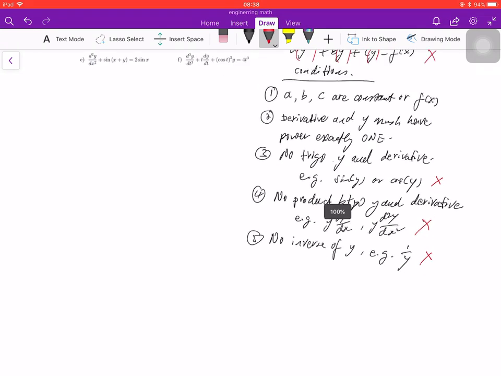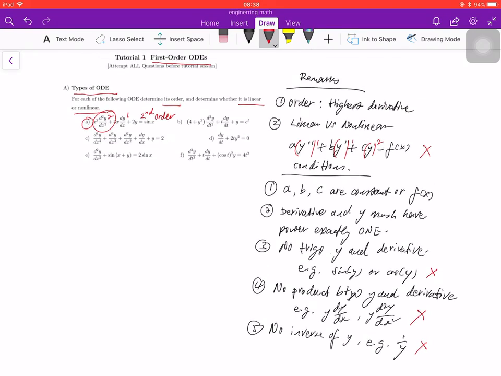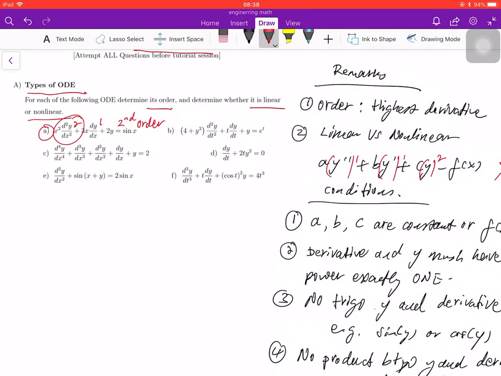Now with this information and knowledge, we can determine the answers for the following questions. Question A, refer to this question. The highest order of this differential equation is 2, so it is second order.